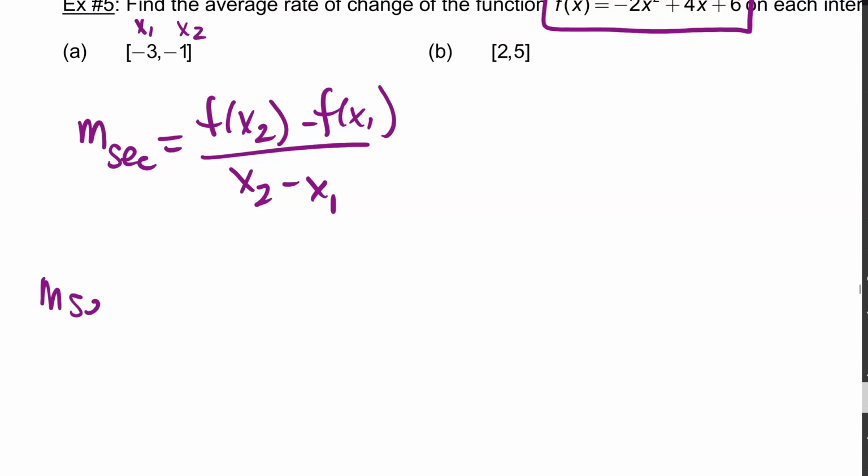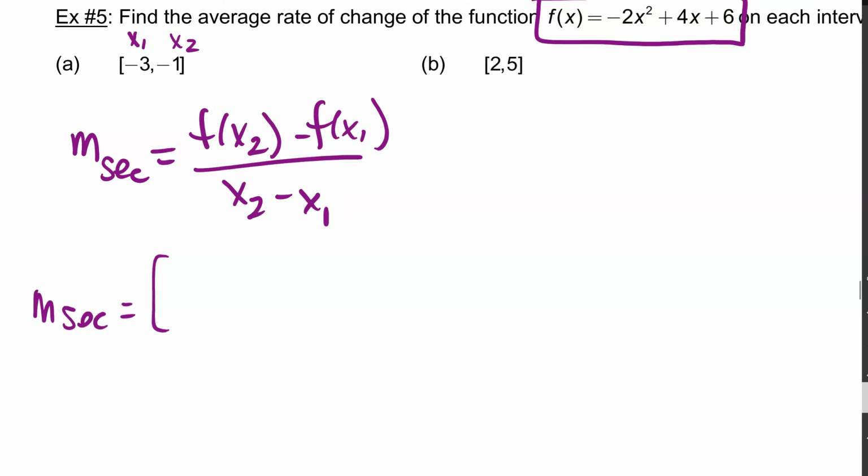So the slope of my secant line is going to be, let's see, I have to plug x2 into my equation. So I have negative 2 times negative 1 squared plus 4 times negative 1 plus 6.